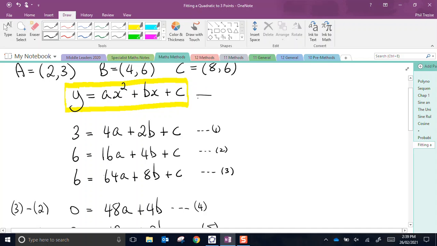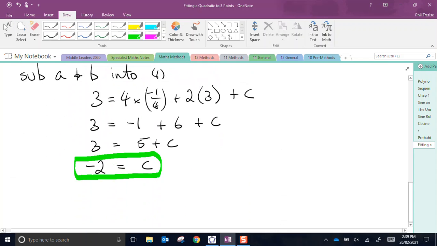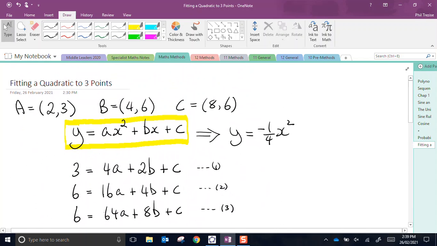What does that mean for my equation? Well, that gives me that y equals negative 1/4 by x squared. Now b was 3, wasn't it? Yes, and c was negative 2. Plus b is 3 times x, and c is negative 2.